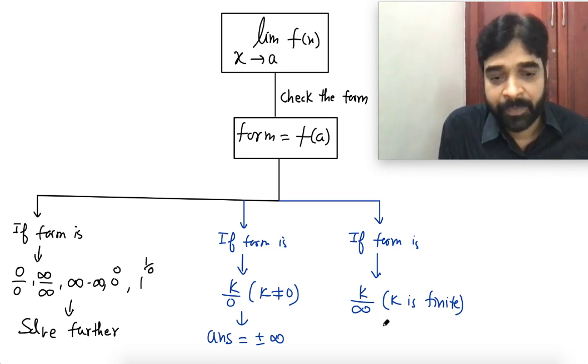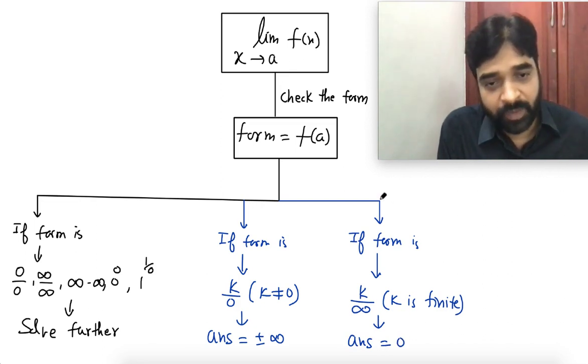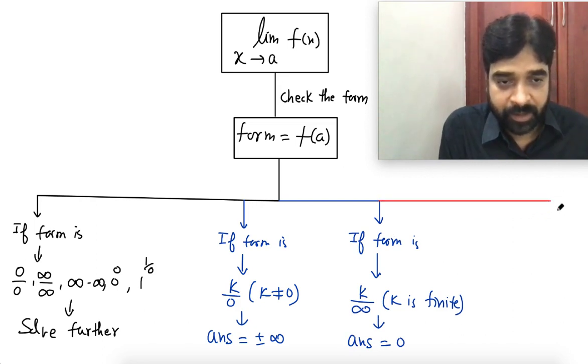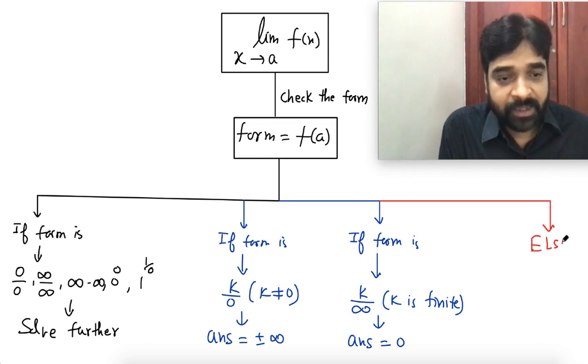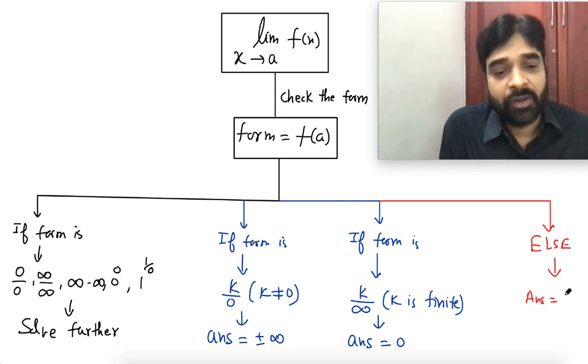Then the answer will always be 0. Don't worry how it's coming, I will tell you at a later stage. And else, if the form is neither of any one of these, then directly you have to say the answer will be the form itself.